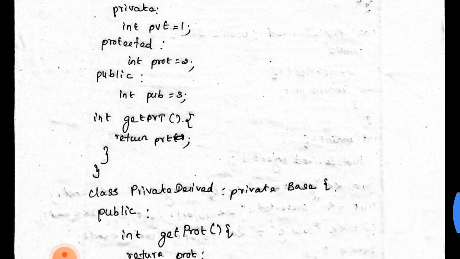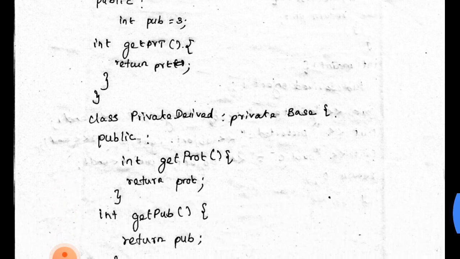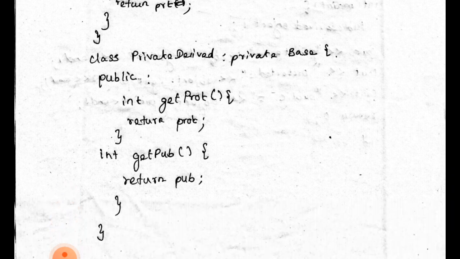Example program. Class base class, here private equals 1, protected equals 2, public equals 3. We inherit from the private base class to the derived class. Then public, here we get protected, else we get public.